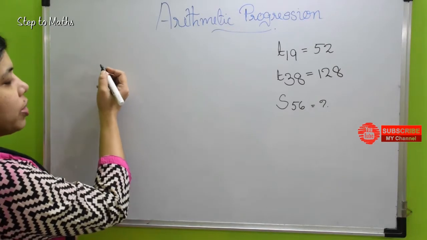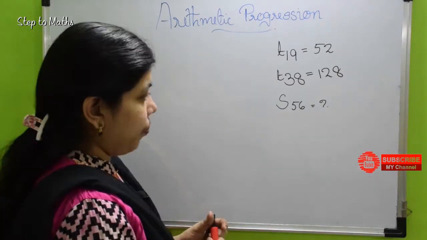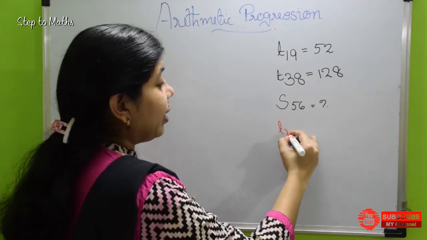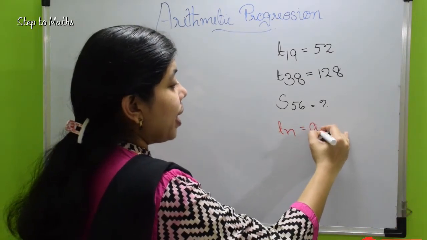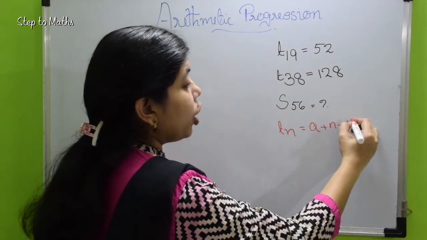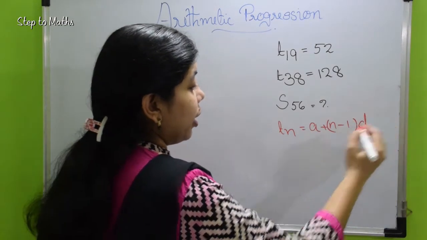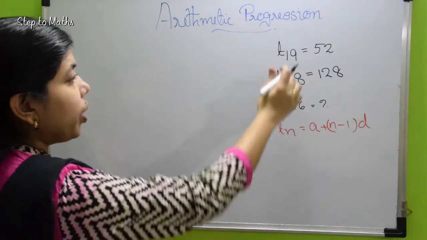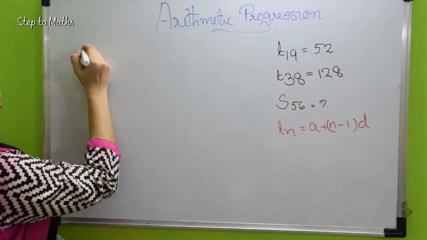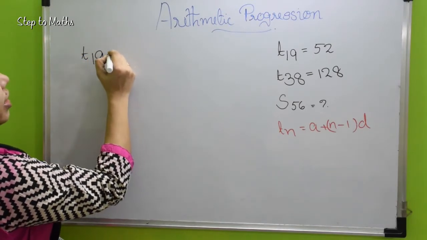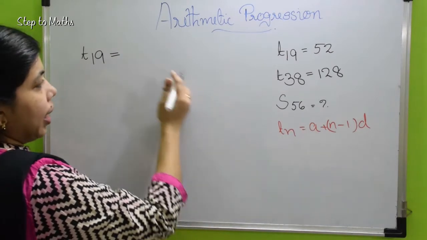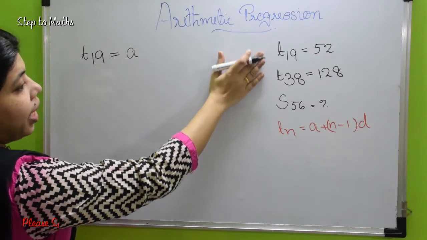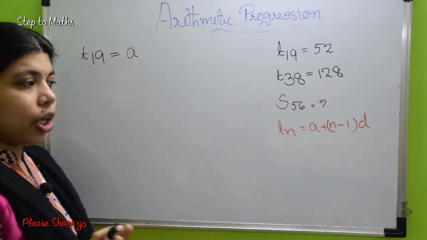How can we represent T19? We know the equation for the nth term: Tn is a plus n minus 1 into d. Here only T19 and T38 are given.